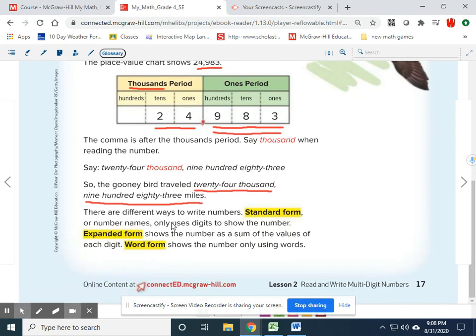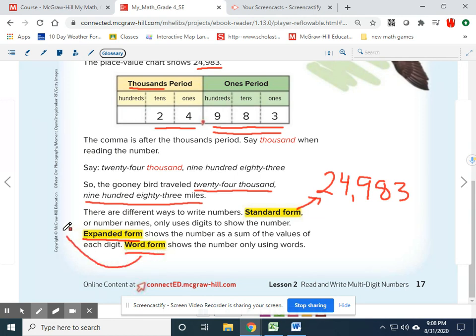There are different ways to write numbers. So standard form or number names. Standard form would be 24,983. That's standard form right there. And then we're also going to talk about expanded form today and word form.